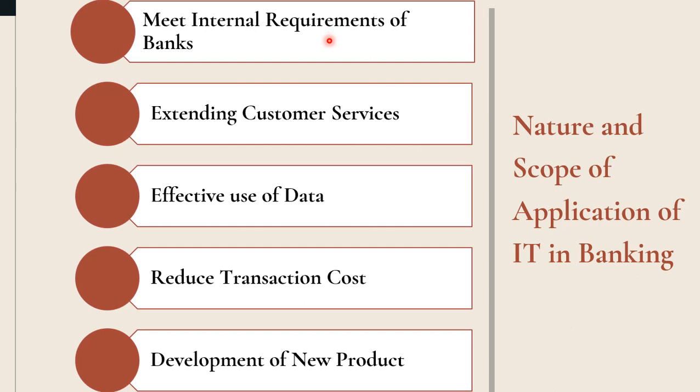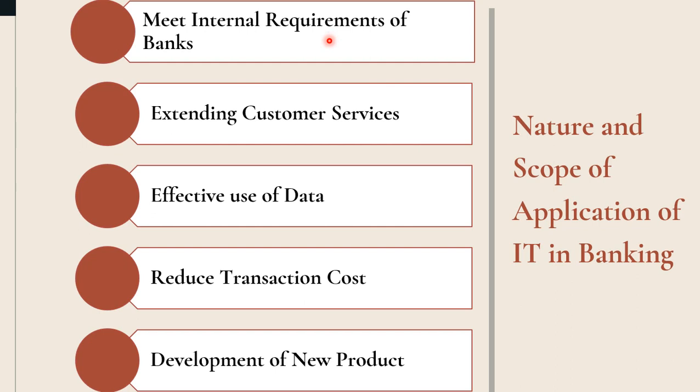Apart from that, they can do some internally required calculations. They calculate the profits of the bank, the profit and loss statements, and very easily calculate the proportion of non-performing assets.